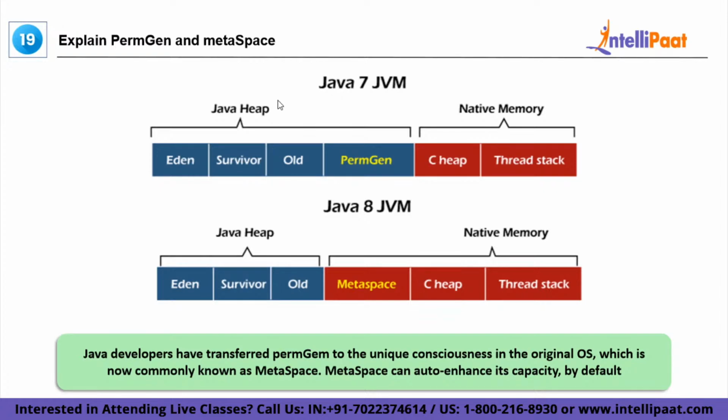In Java SE 8, the permgen process area was replaced with metaspace. Java developers have transferred permgen to the native memory in the OS, which is now commonly known as metaspace. Metaspace can auto-enhance its capacity by default. In metaspace, the classes can be stored and discharged during the total life span of the Java virtual machine.